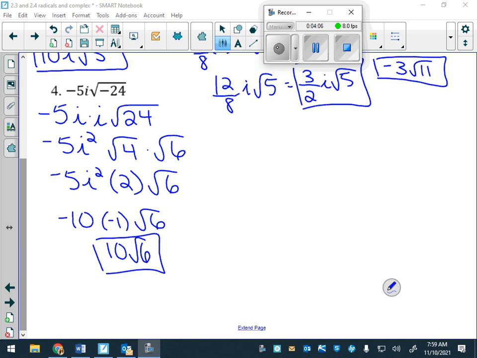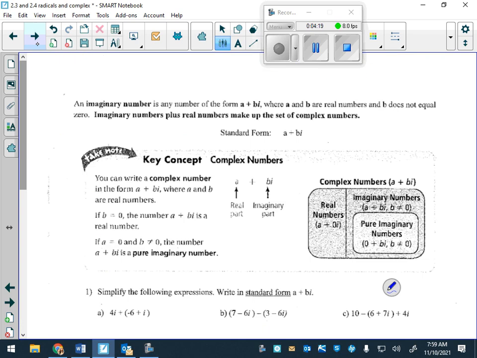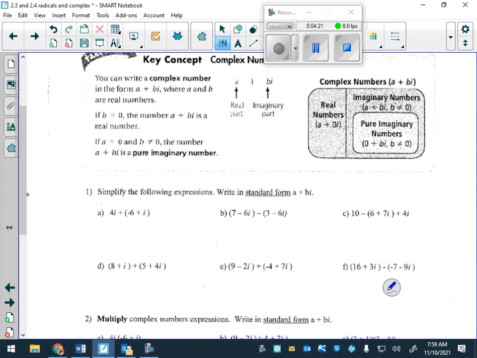Okay, today we're going to extend our knowledge with complex numbers and get into operations. Okay, so if you have your notes out, turn to page 12.